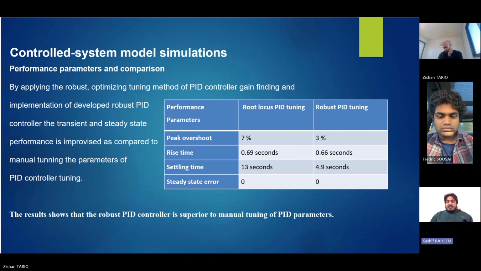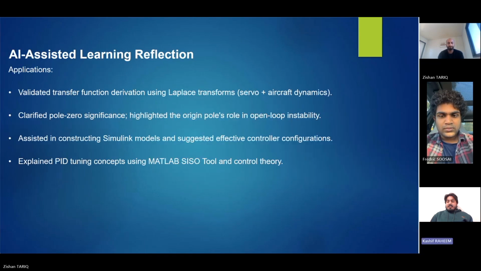Everything is less in auto tuning, while everything is much greater in manual control. As a result of this summary, we can see the robust PID controller is superior to manual control of PID parameters. Thank you so much. So Frederick will carry on this presentation.